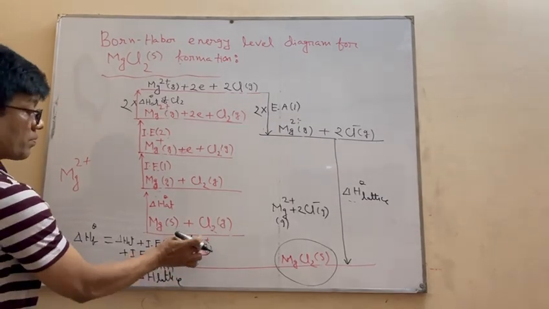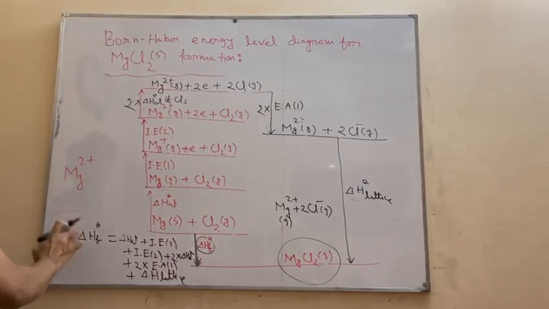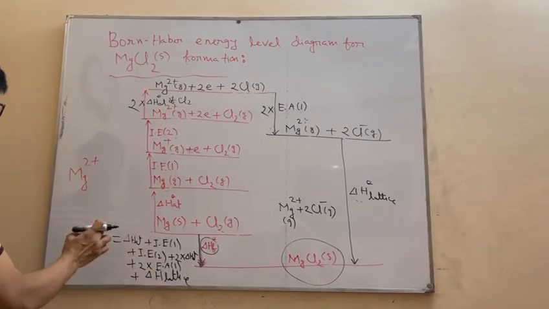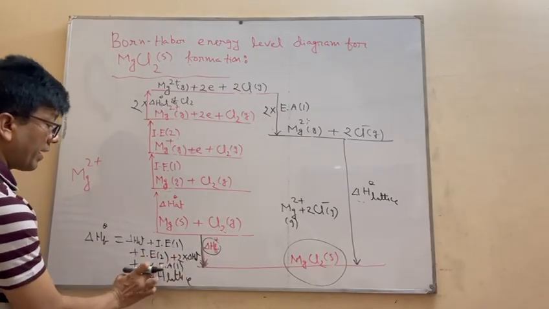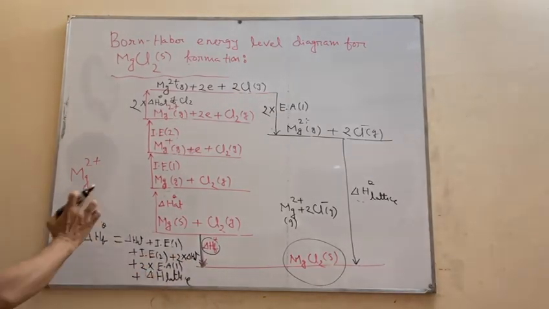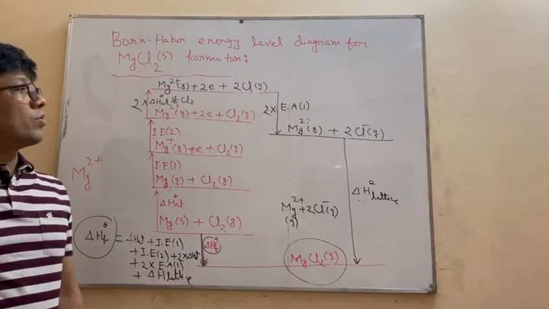That means delta H formation equals all the enthalpy changes added together. Then if the values of atomization, ionization, electron affinity and lattice enthalpy are given, you can calculate the enthalpy of formation. Thank you, dear students.